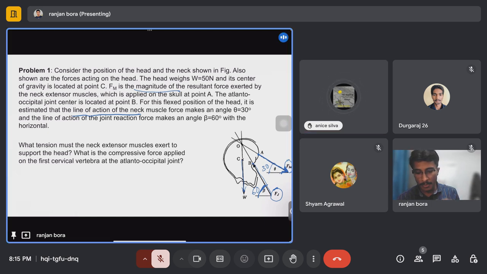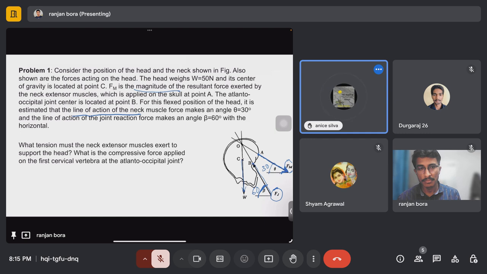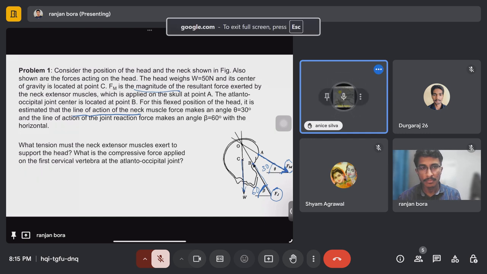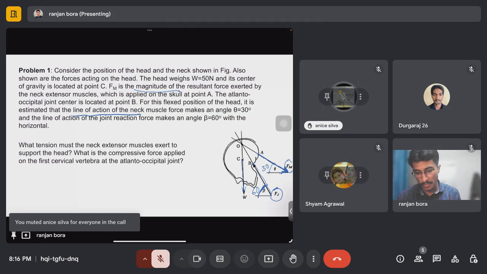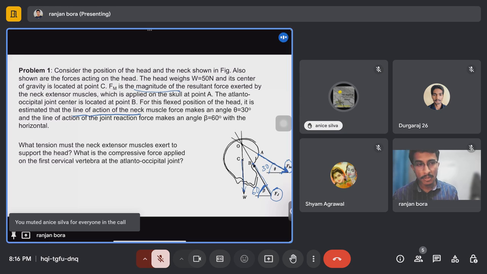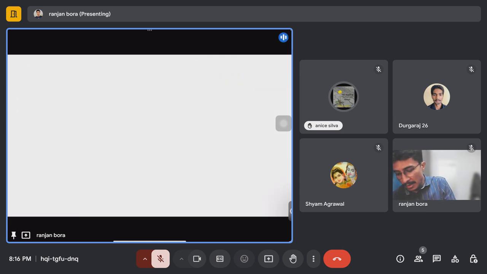So now we will solve this problem. If you don't understand anything, you can ask me at any point. I will show two methods to solve this problem. Method one is that I will take the components of force.